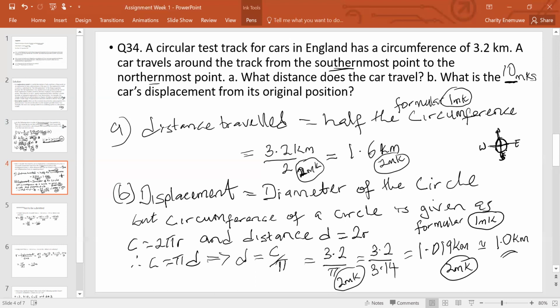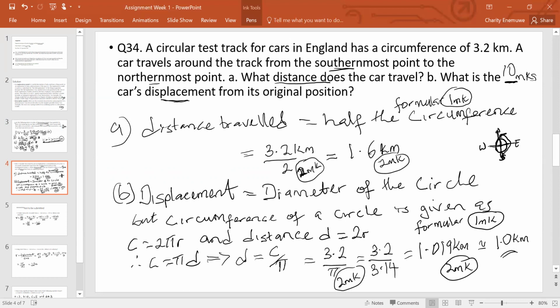So the car moved this way. Now we're asked to look for the distance that the car traveled, right? And the second one is saying we should look for displacement.